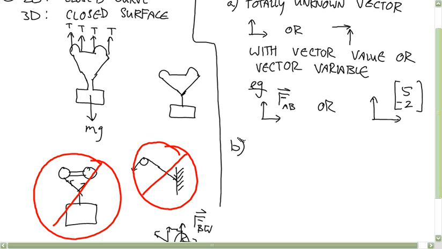The only other case that you could have is that you indicate you don't have a totally unknown vector.